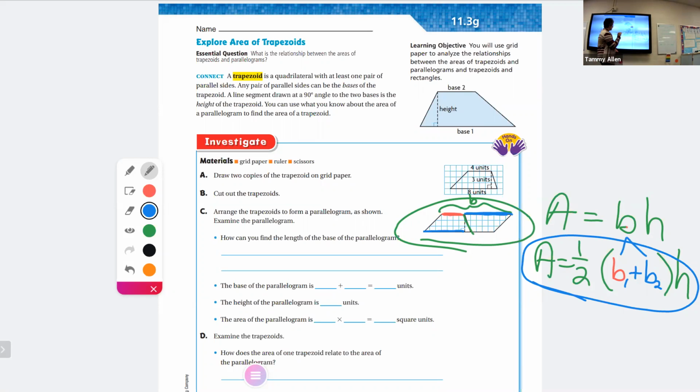Remember that you would be standing there, how tall you are, right? That's going to be the height. The bases are going to be parallel to each other. One is going to be base 1, the other is going to be base 2. It doesn't matter which one is base 1 and which one is base 2 by the commutative property. I can have the top first, the bottom second, the bottom first, the top second. It won't matter by the commutative property.